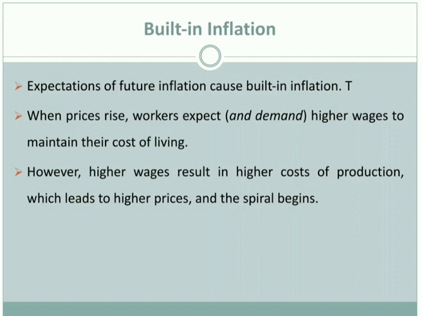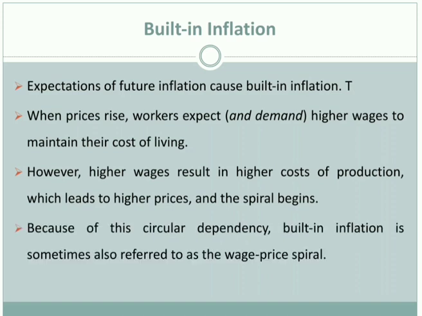Spiral means chakkar begins. One affects another, another affects another, another affects another. At the end, the common person has to pay more money. Because of this circular dependency, built-in inflation is sometimes also referred to as the wage price spiral.